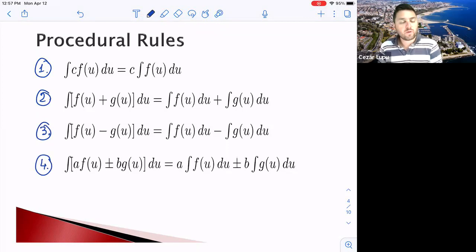So if you multiply the function by a constant and then you integrate that, in other words, the integral of c times f of u du, you're going to take the constant out. So this will be the constant c times the integral of f of u du. You don't want to deal with the constants. We're just going to take them out, and then you'll compute the integral. So that's the first property.